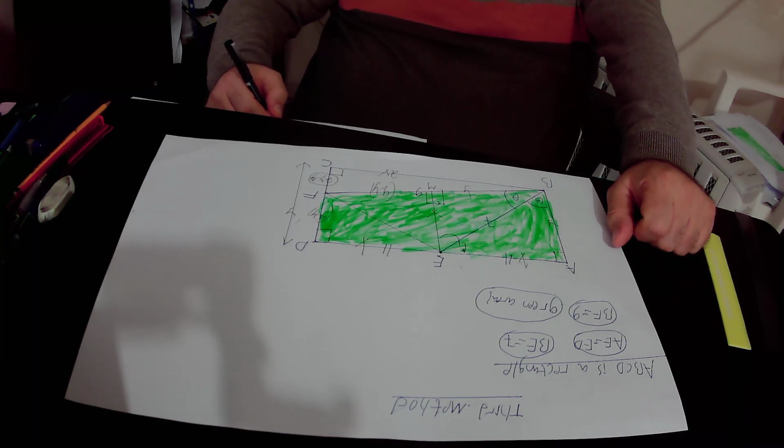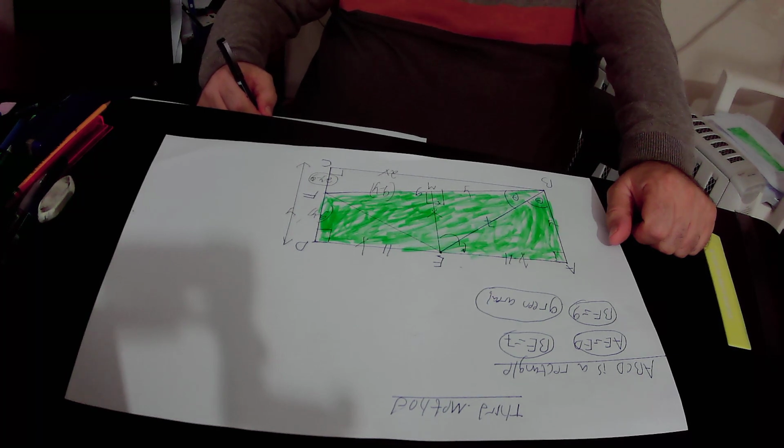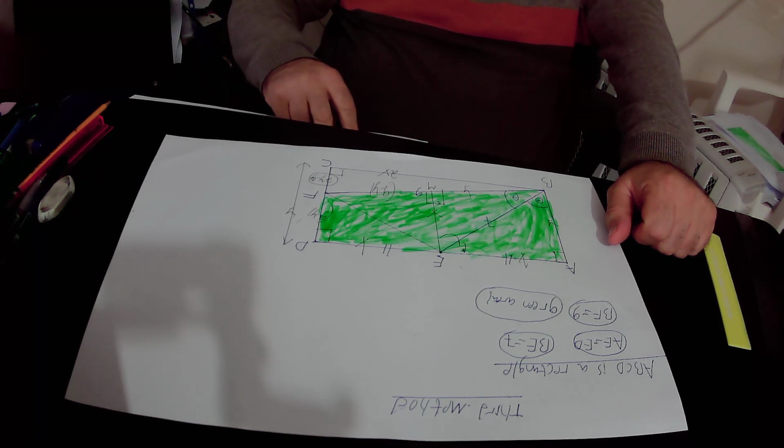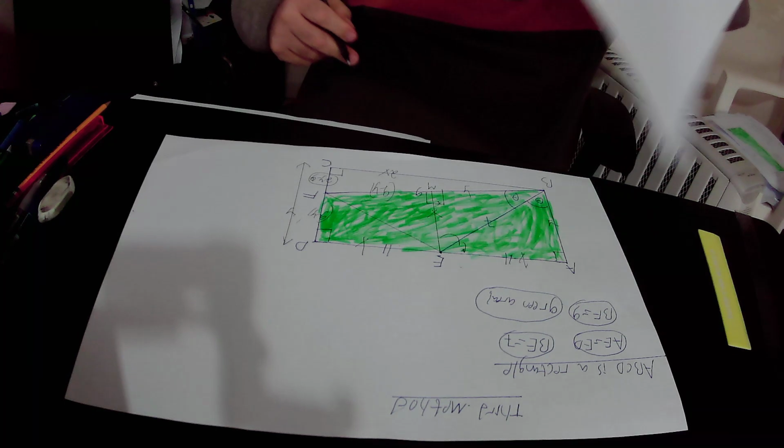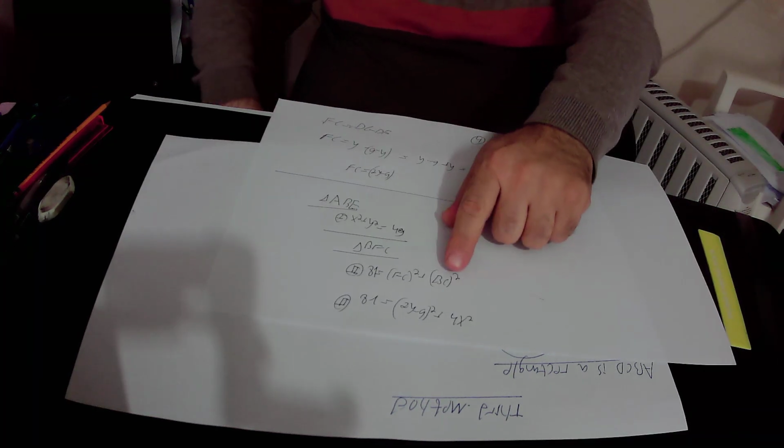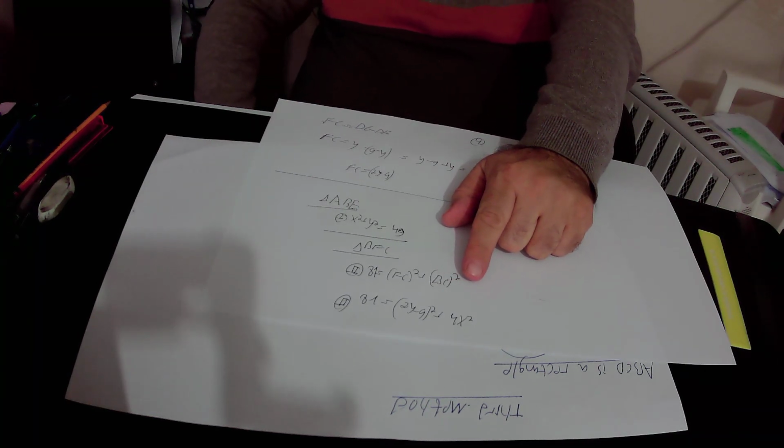BC equals 2x, so BC squared will be equal to 4x squared. So in conclusion, according to equation number 2, 81 equals (2y minus 9) squared plus 4x squared.